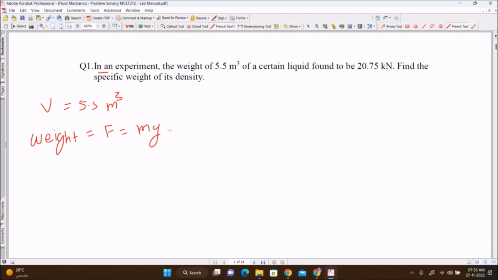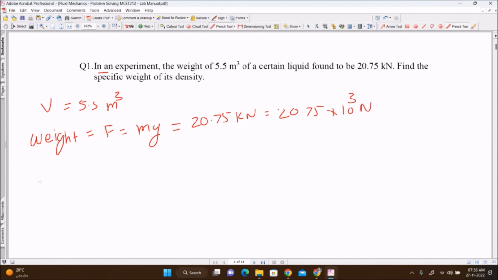It is not ma, it is due to gravity. It is given as 20.75 kilonewton. So remove kilo, we are using the basic SI units: 20.75 into 10 to the power 3 Newton.